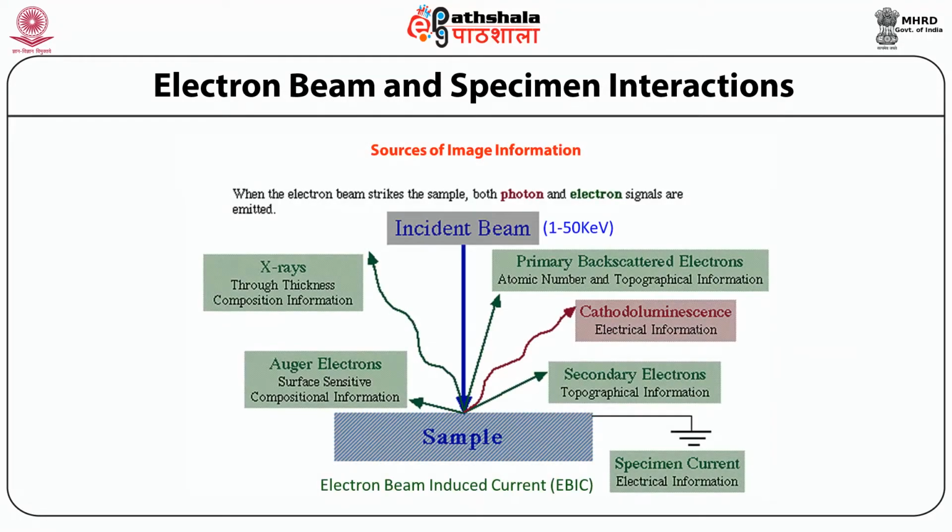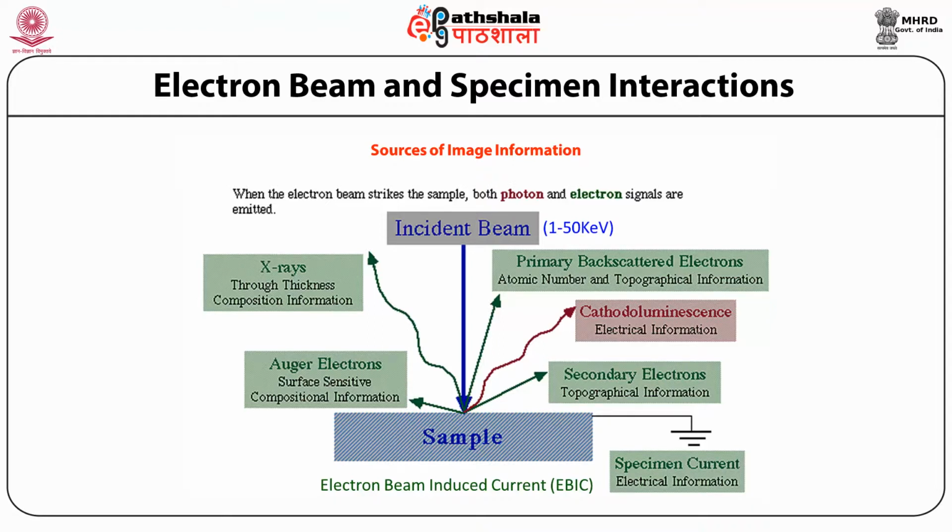So students, let us now discuss the electron beam and specimen interactions. So we have 6 or more different kinds of interaction between the sample and the incident beam.